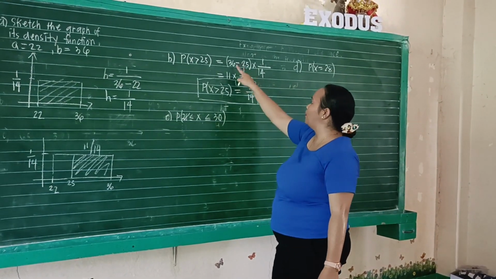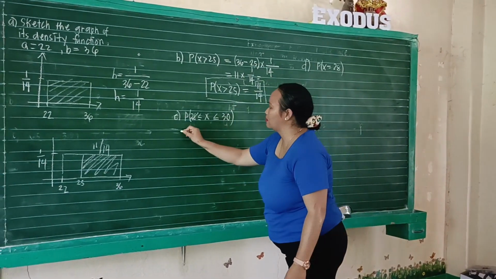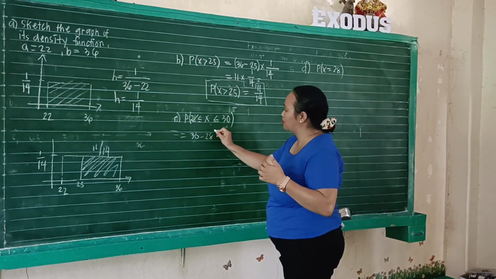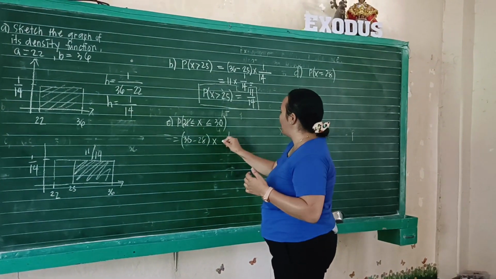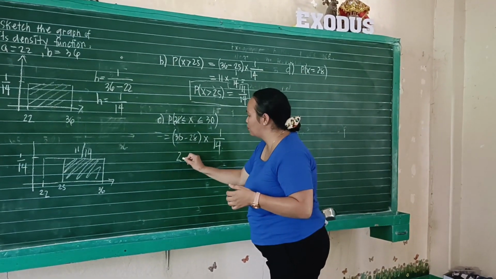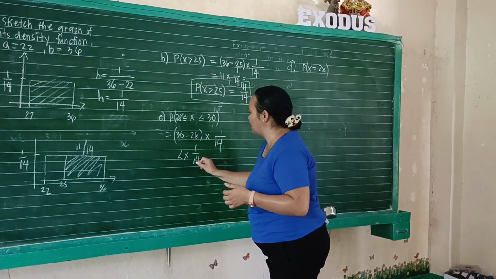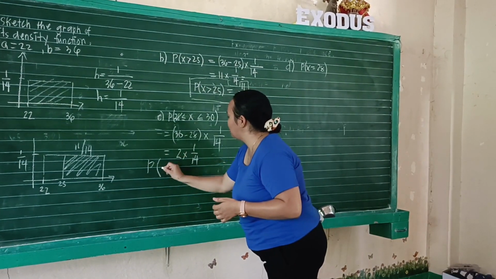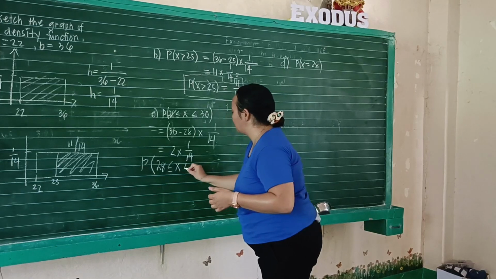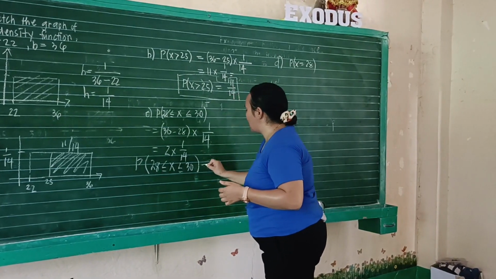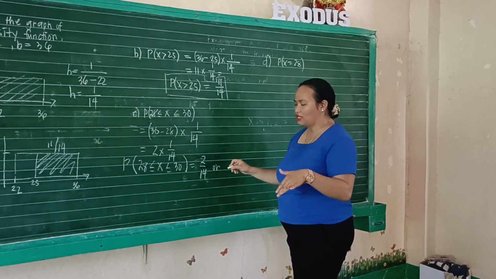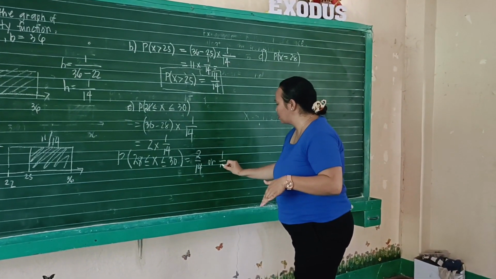So the same gapon, base times height. We have 30 nga pinakadako minus 28 times 1 over 14. So 30 minus 28, 2 times 1 over 14. The probability now of x greater than or equal to 28, less than or equal to 30, is 2 over 14, or we can reduce it to 1 over 7.